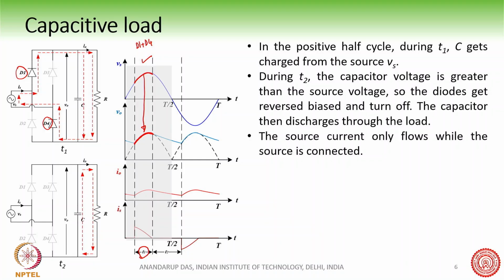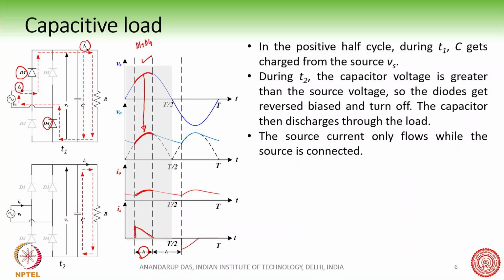So the load current waveform I0 is something like this, following the V0 voltage because we have a resistive load. During this portion, the current is taken from the source, so the source current is something like this.